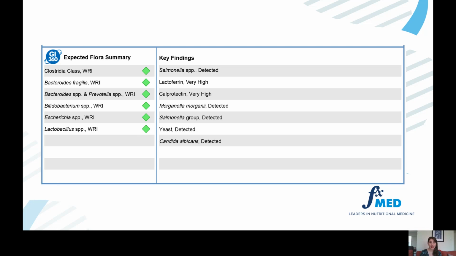And then looking at stage 3, are there any pathogenic infections? So in the key findings, we see here that salmonella is detected. And this is multiple species of salmonella, as well as the salmonella group being detected. So there is a pathogenic infection of salmonella. And we also see yeast detected, which has been differentiated into Candida. Now, we know, of course, that Candida will show up in the gut expectedly, but this result means that there's been more than we know is ideal.